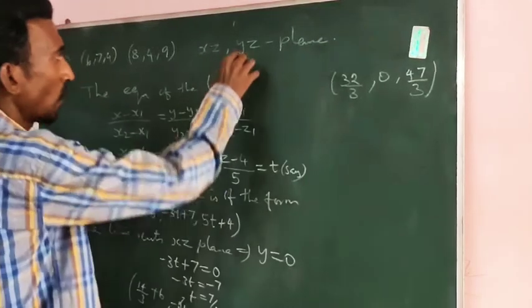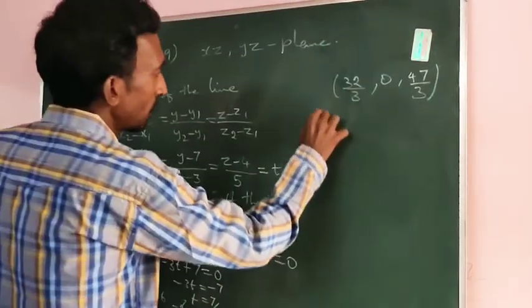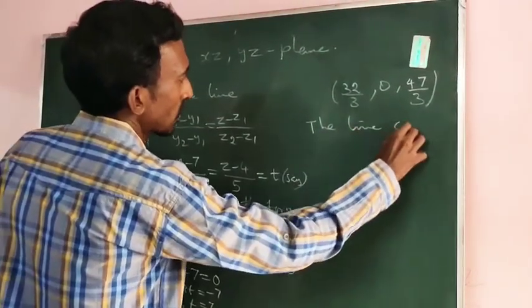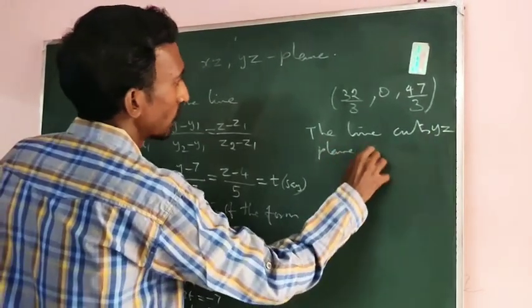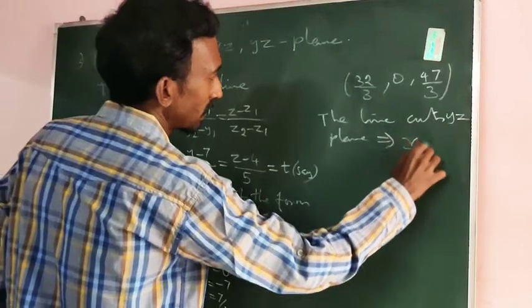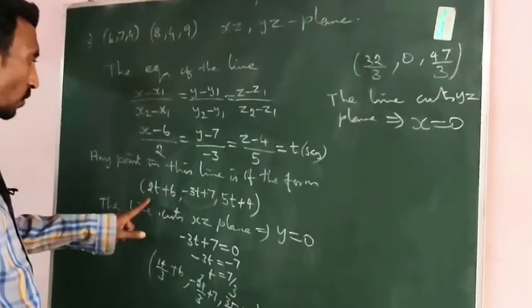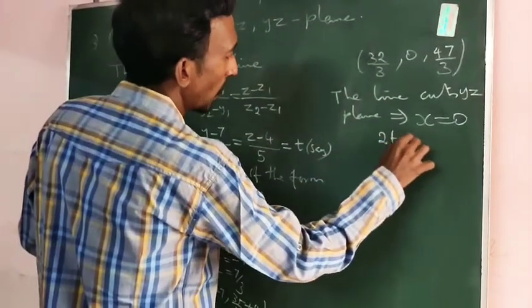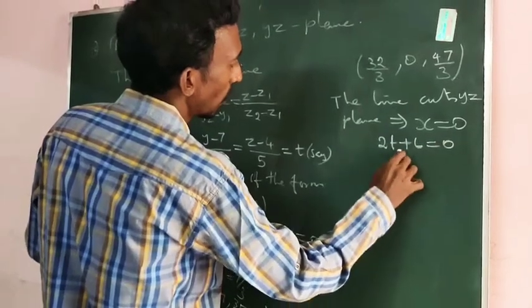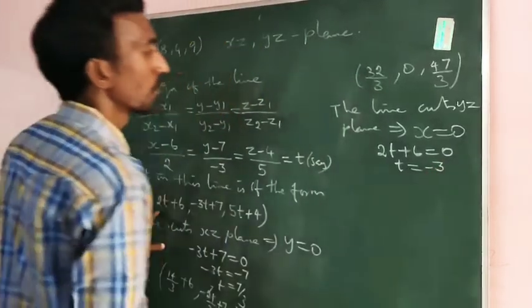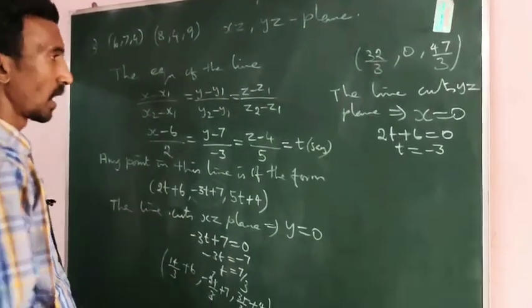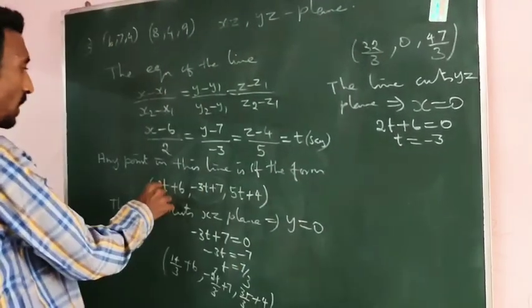Next one, the yz plane. The line cuts the yz plane, which implies x equals 0, since yz means x equals 0. So equate the x coordinate to 0: 2t plus 6 equals 0, t equals minus 3. Again replace the value here.